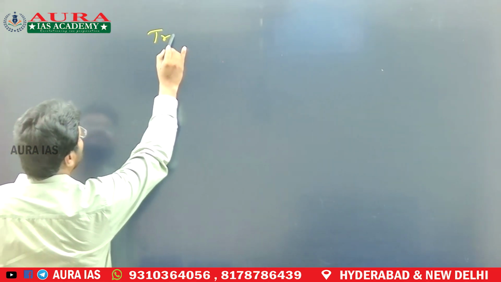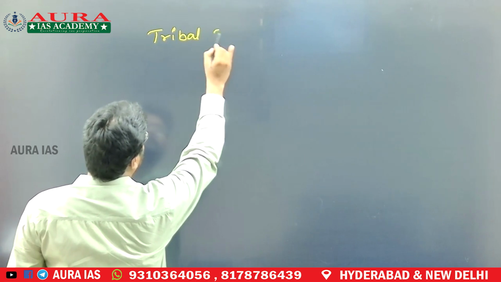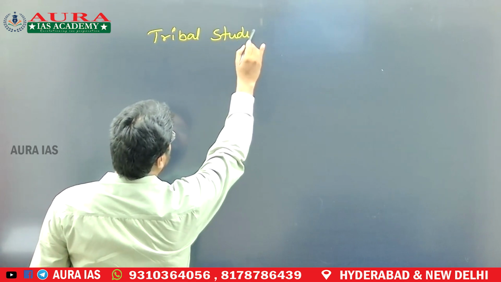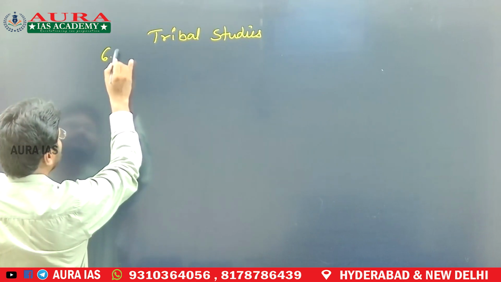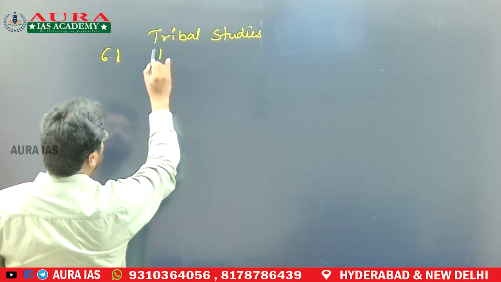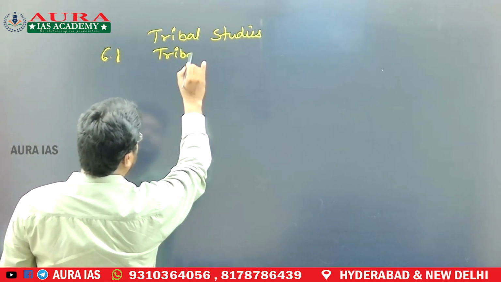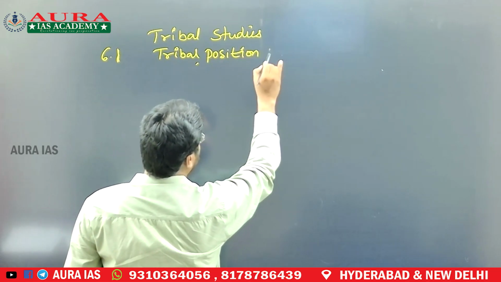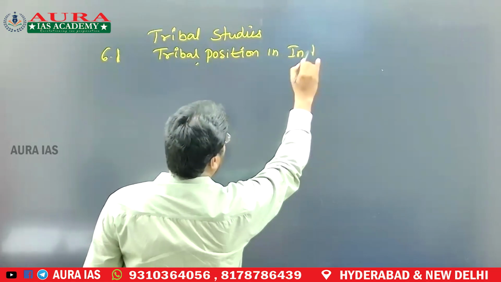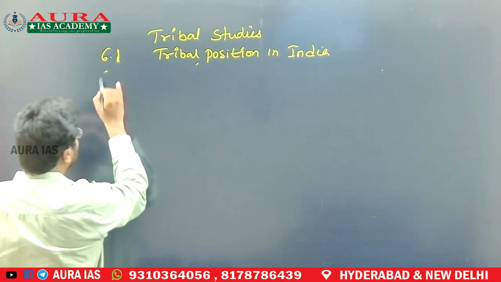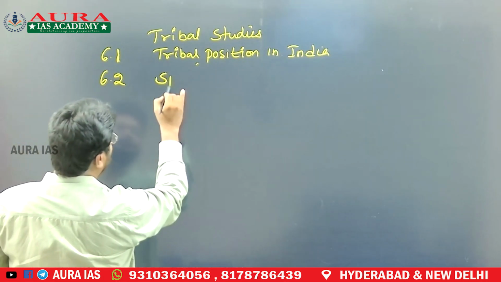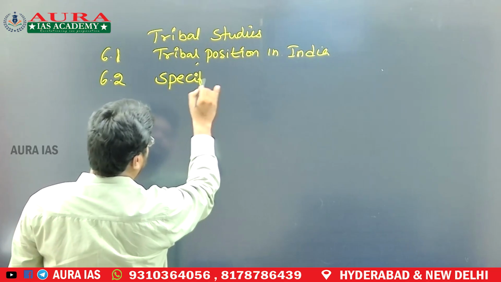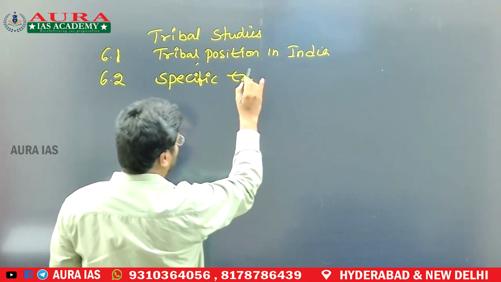So in tribal studies, priority number 1. 6.1, tribal position in India. You should not omit it. And 6.2, specific tribal problems.